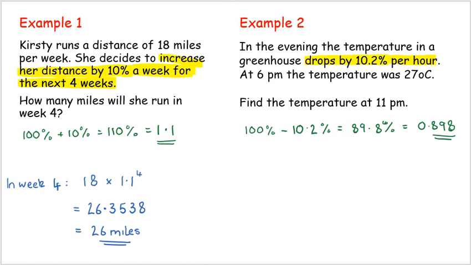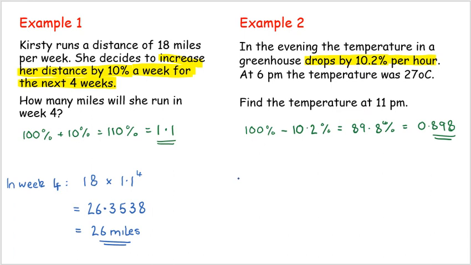Now, after every hour, we are going to be left with 89.8% of what we started with at the start of the hour. Now, we are going to be doing this 5 different times, so for every hour between 6 and 11, so for 5 hours.